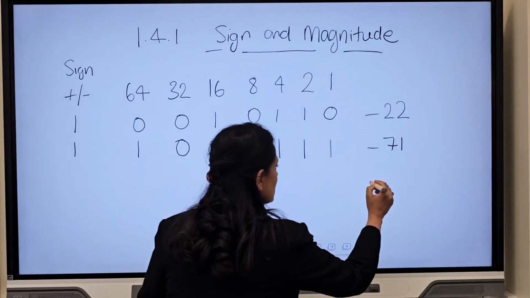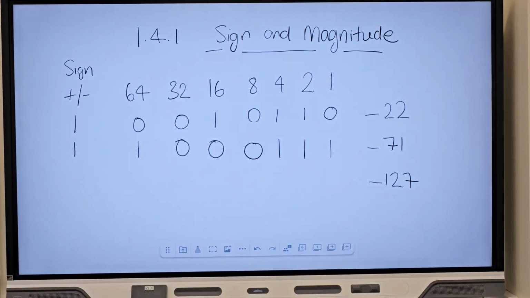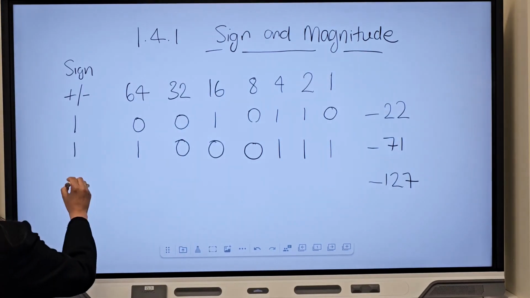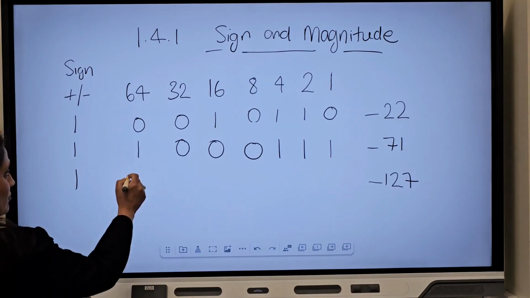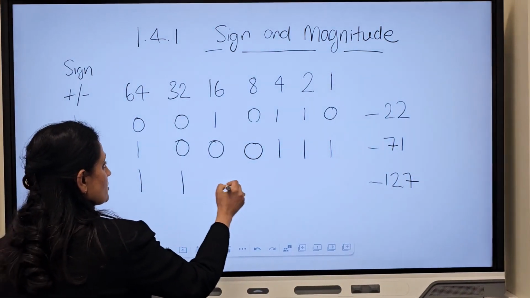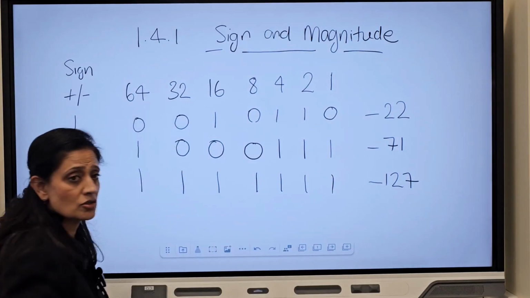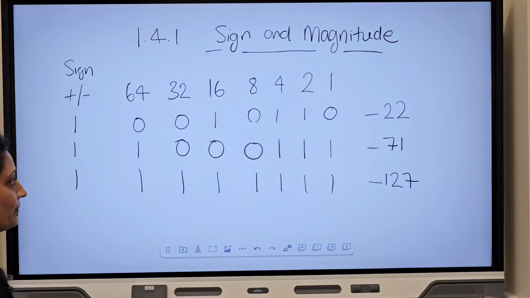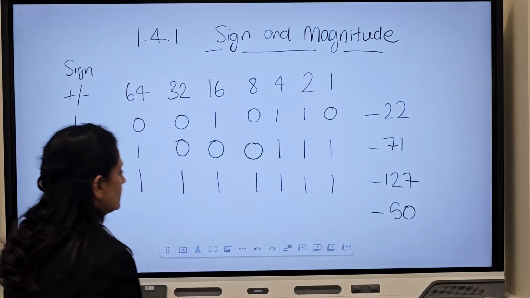Right, let's have a look at another one. What if we had to represent minus 127? That shouldn't be too tricky because you've got 1 for the sign, and the rest, 64 plus 32 plus 16 plus 8 plus 4, 2 and 1, should give you minus 127. Let's do one more. Minus 50.